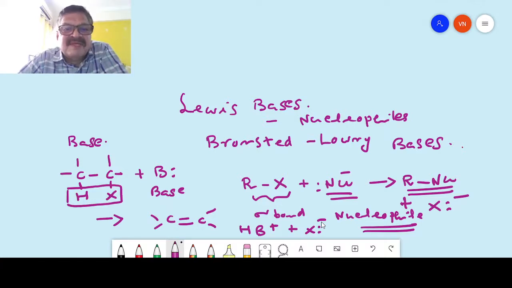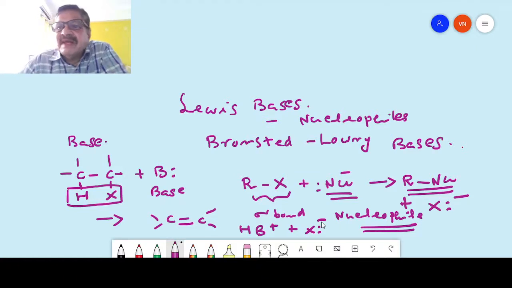That is an acid-base reaction, a reaction between a Bronsted-Lowry acid and a Bronsted-Lowry base. A base has an affinity for protons, and a nucleophile has an affinity for an electrophilic center. That is the difference here.